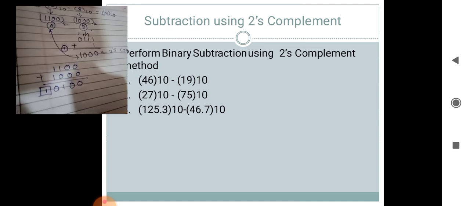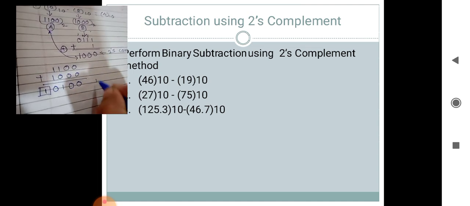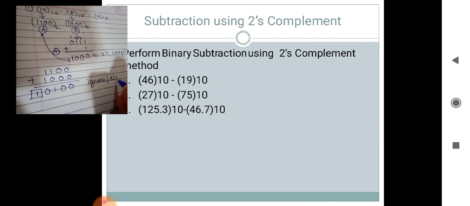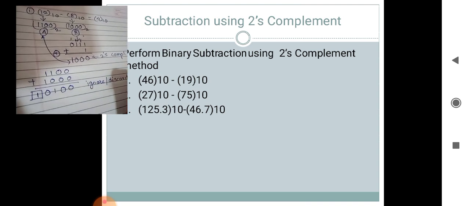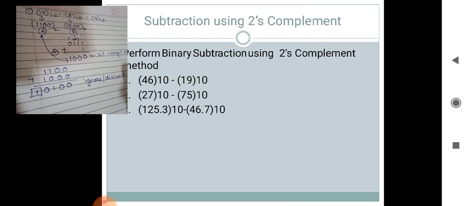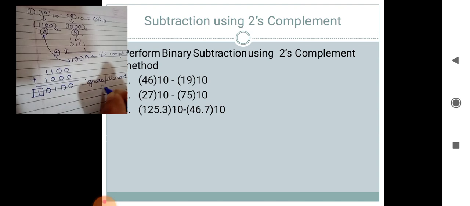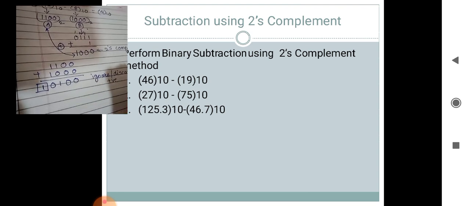If carry is generated in 2's complement subtraction, ignore and discard the carry, and consider the answer as positive. Answer is positive. We have to write a comment every time.